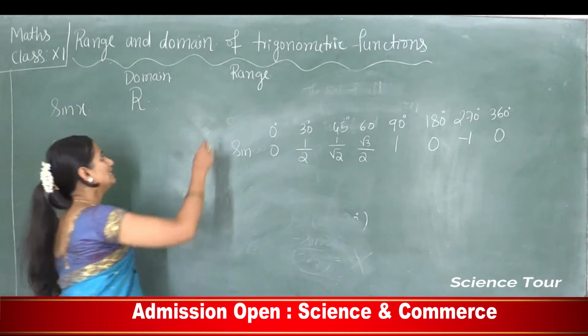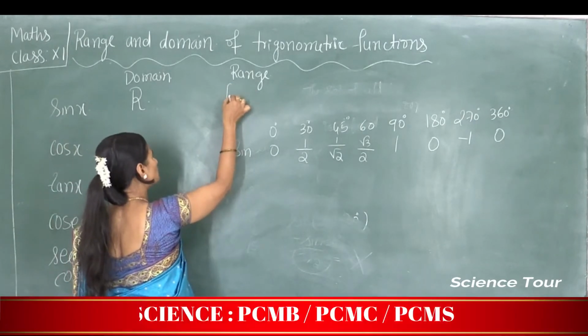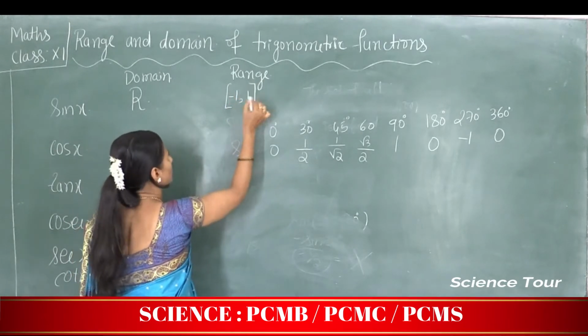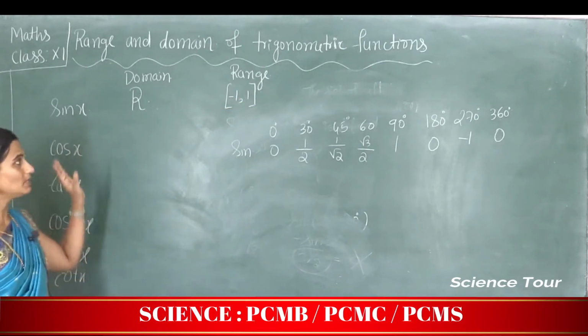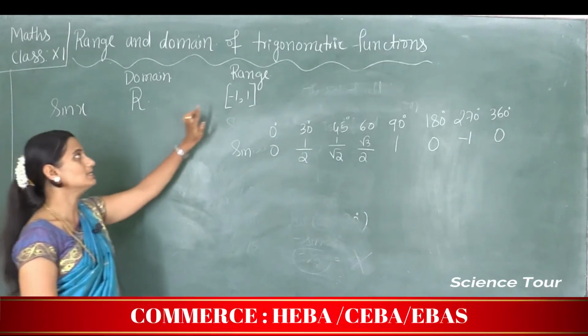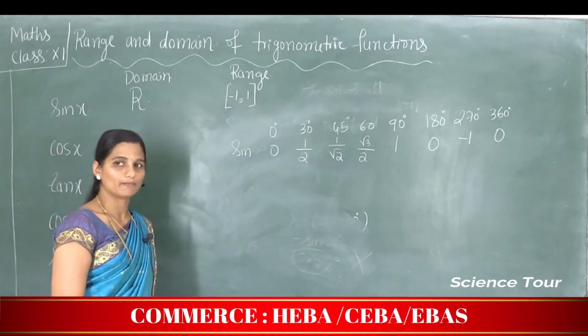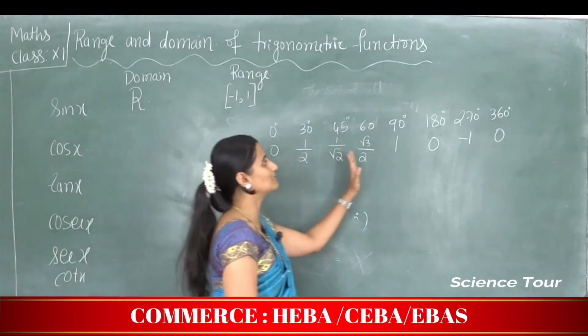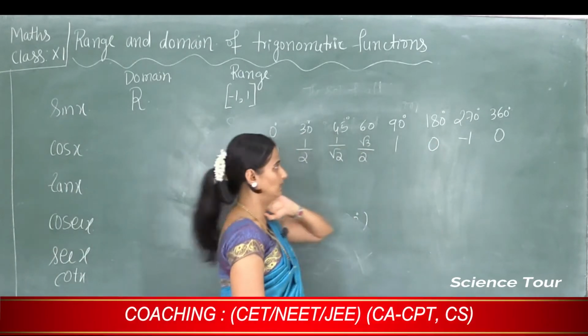So now I will write the range of this sine function as the closed interval minus 1 to 1. How is it minus 1 to 1? If you see this table, you can observe it.